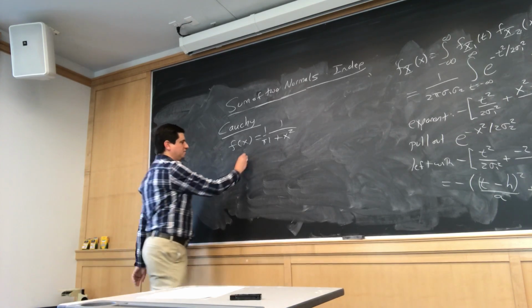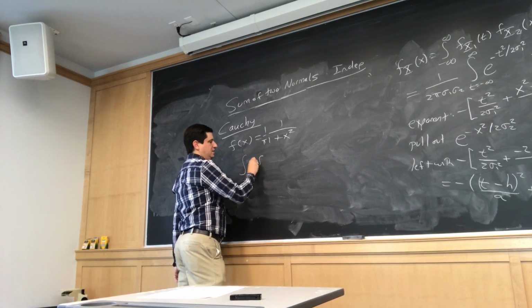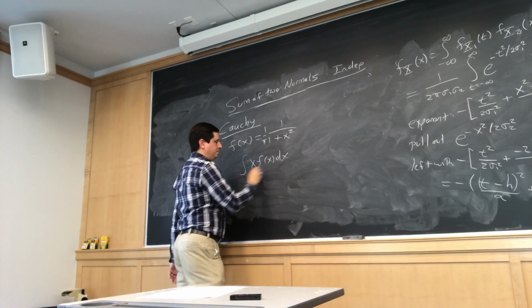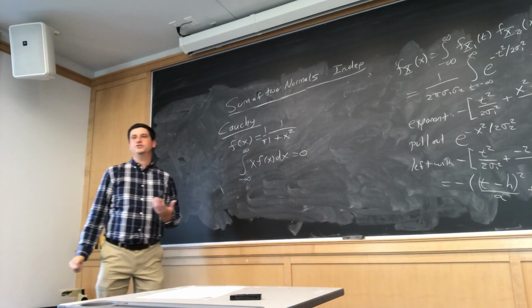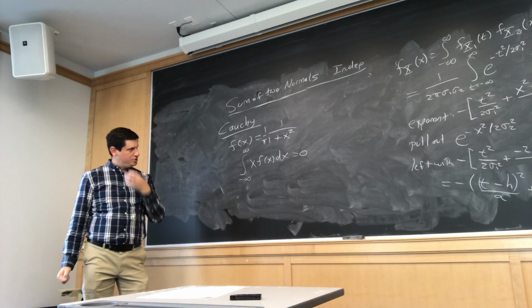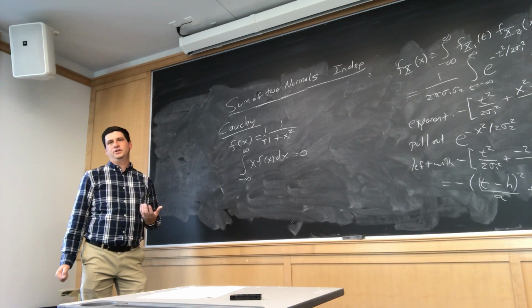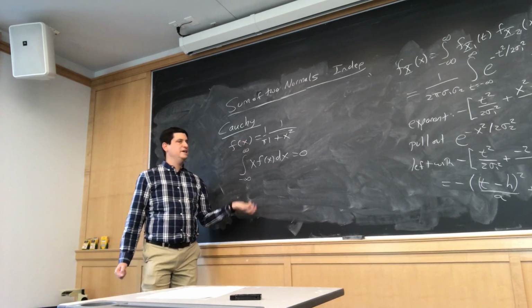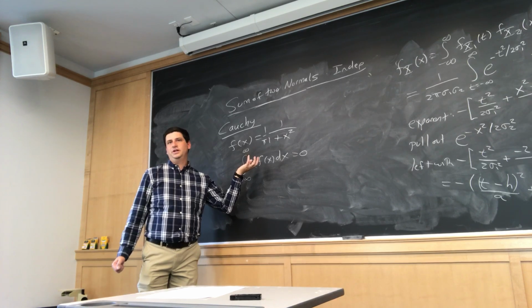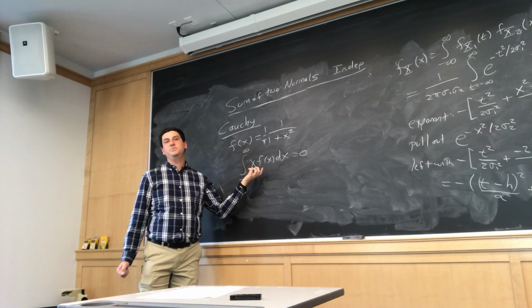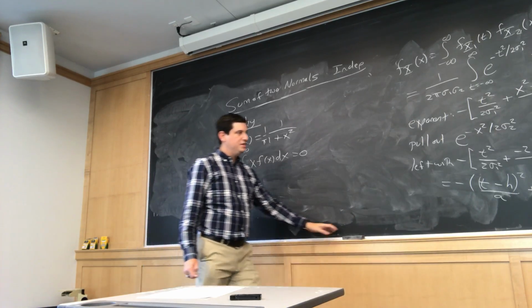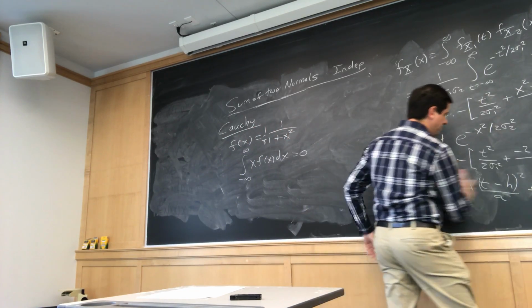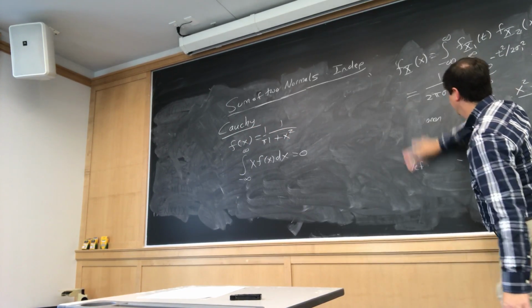If I integrate x f of x dx, this is 0 because it's an odd function. Well, this is where you need to do some advanced integration theory. If you have an indefinite integral, then you want the absolute value of the integrand to be finite in order to make a claim like this. And the problem is the integral will give you different values depending on how you go to infinity.